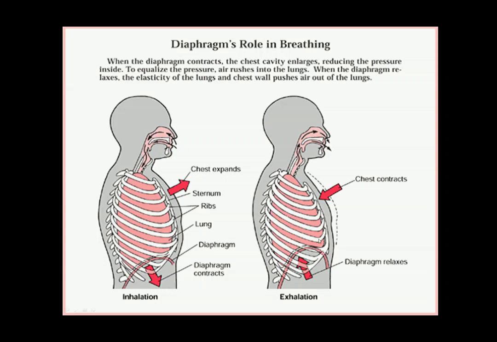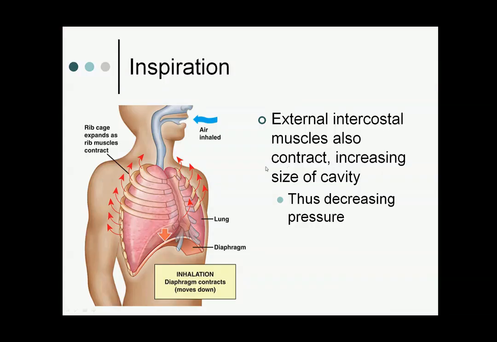Another way to remember this, talking about the vacuum, is if someone's choking on something, you're putting forceful contractions on the rib cage, which causes the lungs to contract pretty forcefully and force air out to hopefully dislodge whatever is caught in the airway.